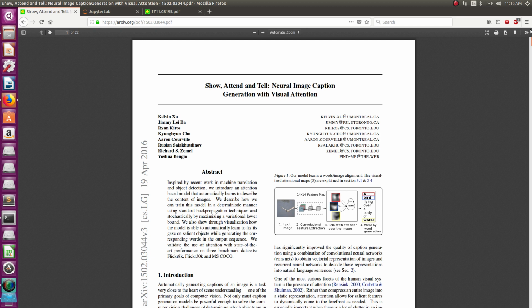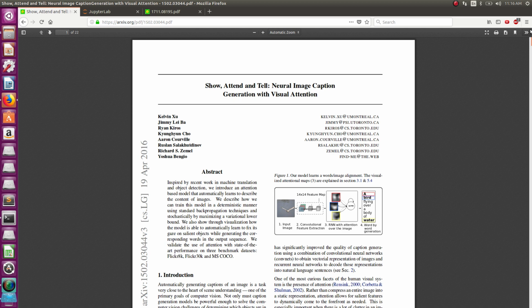The encoder consists of a convolutional neural network, which is a special kind of neural network designed for extracting features from images. So it is used in object detection, image classification, etc. And the way it works is that it preserves the spatial structure of the original image, and thus it's able to extract local sets of information, and eventually it's able to extract important information, such as for object detection, if a dog is present or not, or if a cat is present or not.